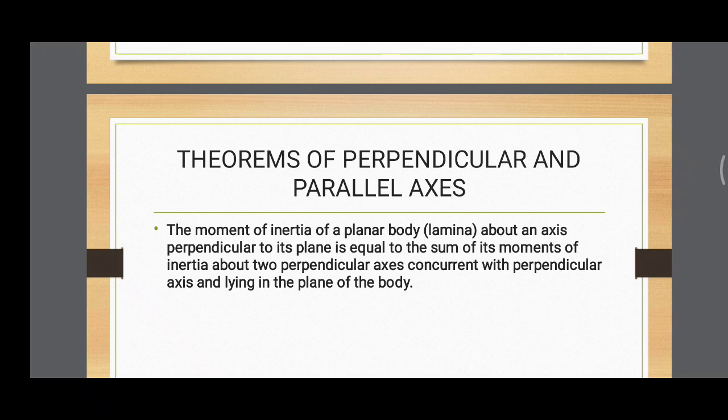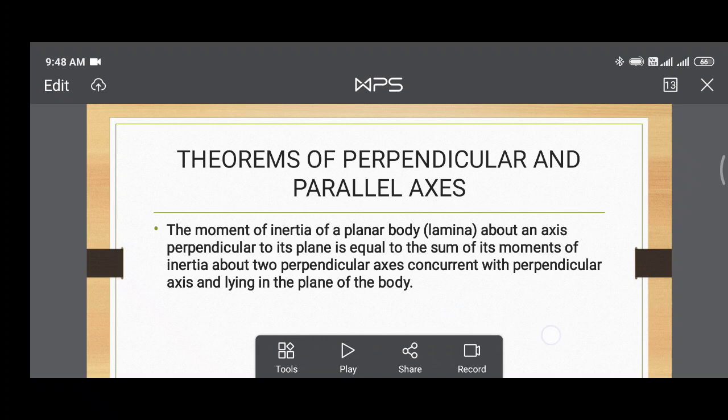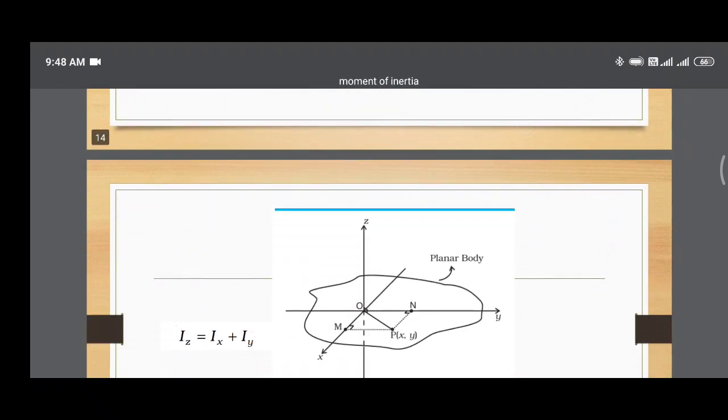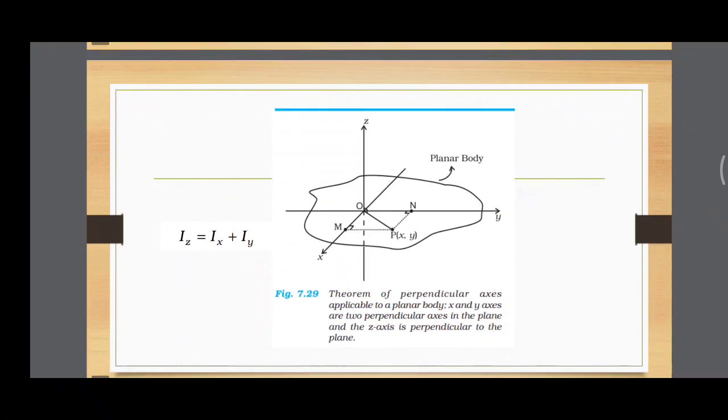Okay, so suppose you are considering the plane of the body, the body is lying in the x and y axes. So the moment of inertia along the z axis will be Iz, that is Iz is equal to Ix plus Iy.